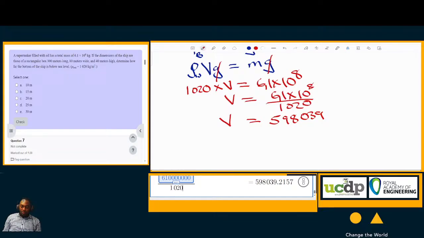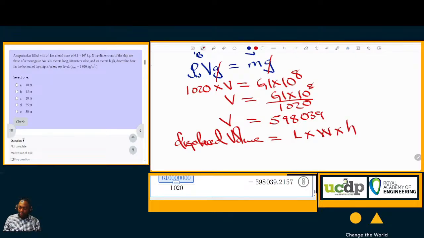But from this volume, what we do not know is its height. It would be equal to the length times the width times the height, because remember, the volume of the water that is displaced takes the shape of the object that is displacing.